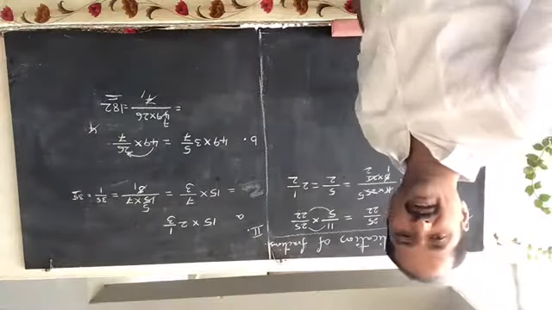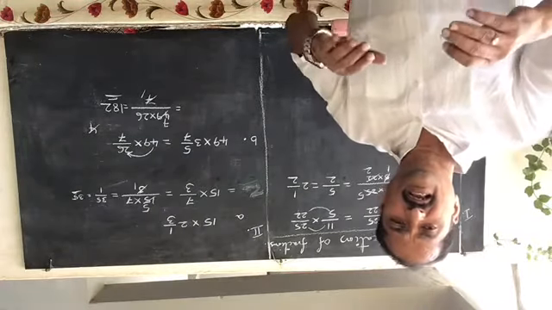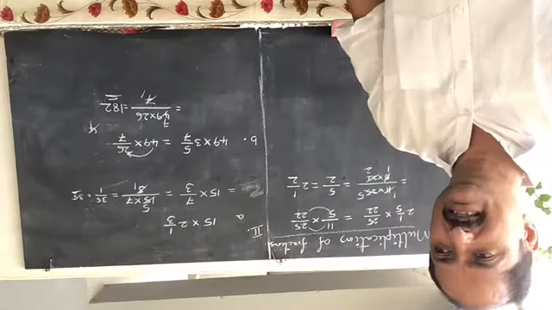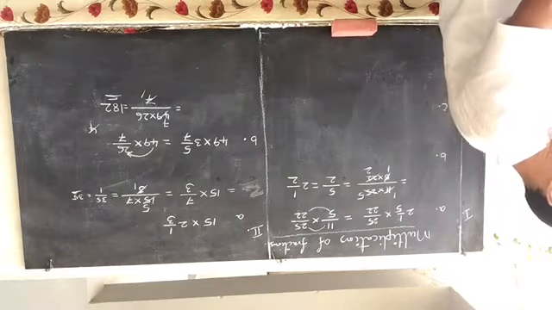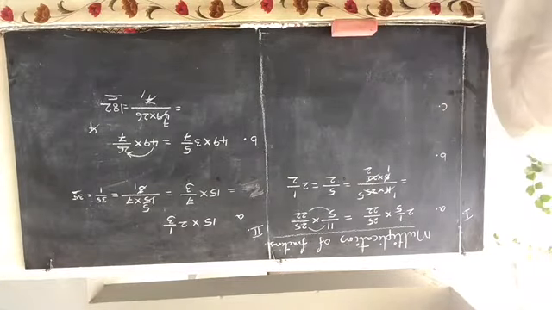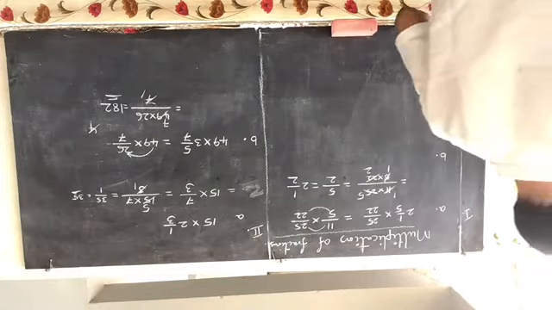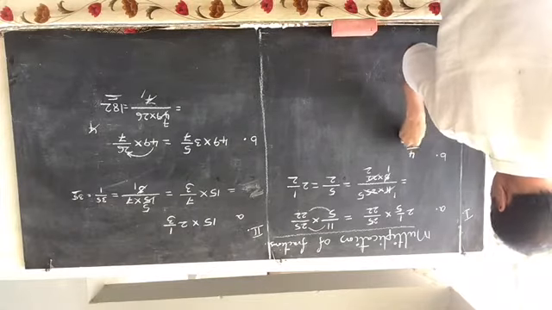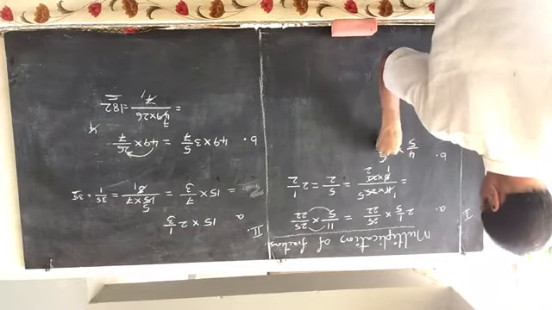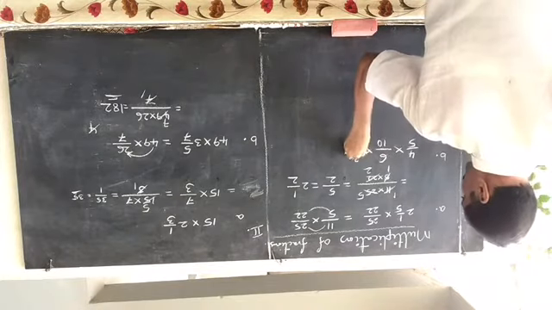This is multiplication of a fraction with another fraction. Like this, you can take a big fraction also. Multiplication of 3 fractions also we can do. If you are multiplying a fraction with another fraction, this is how you get it. For example, take 4 by 5 into 6 by 10 into 3 by 4.